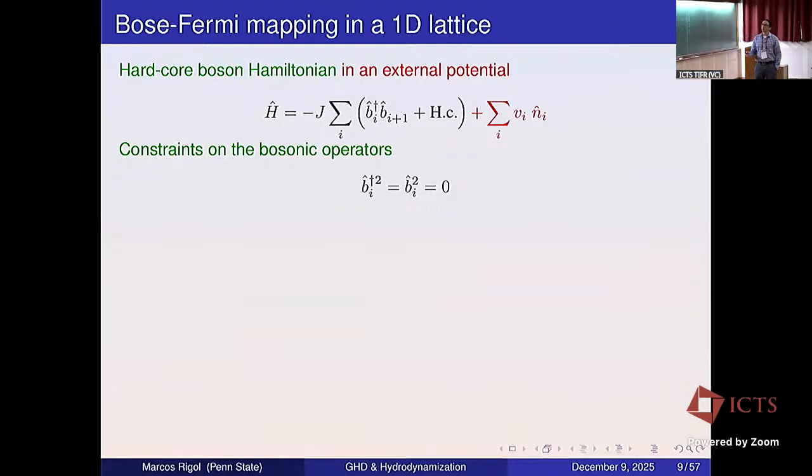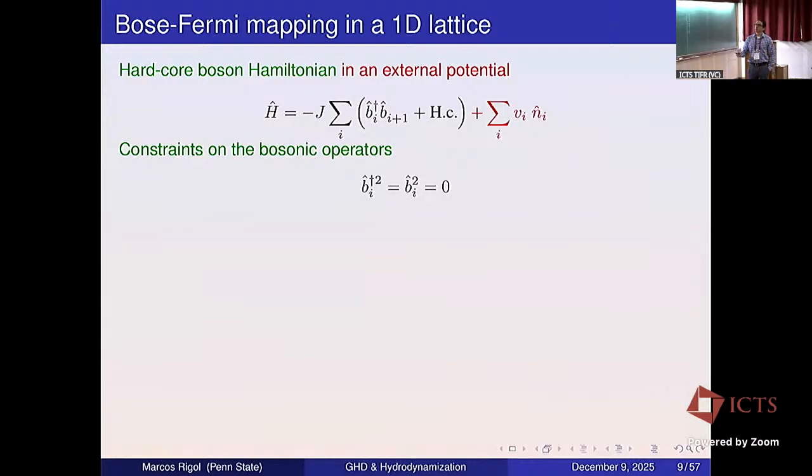But on top of that, I'm going to put it on a lattice so that you have bosons hopping on a lattice. And then we have, in general, an external potential, which in the experiments is like a Gaussian trap that keeps the bosons from flying apart.